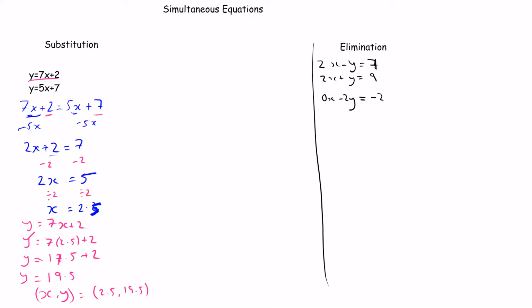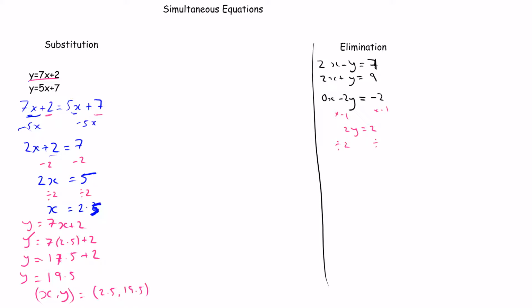Here, if we times both the left and the right by negative 2, sorry, not by negative 2, that would be silly. We're going to times it by negative 1, because otherwise we're complicating things. So we have 2y is equal to 2, and now we're going to divide by 2.